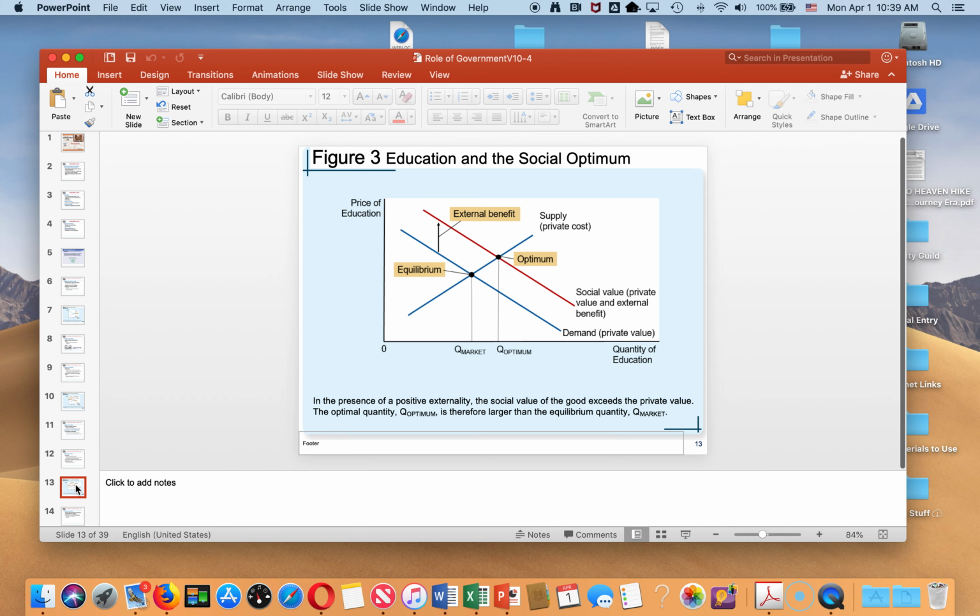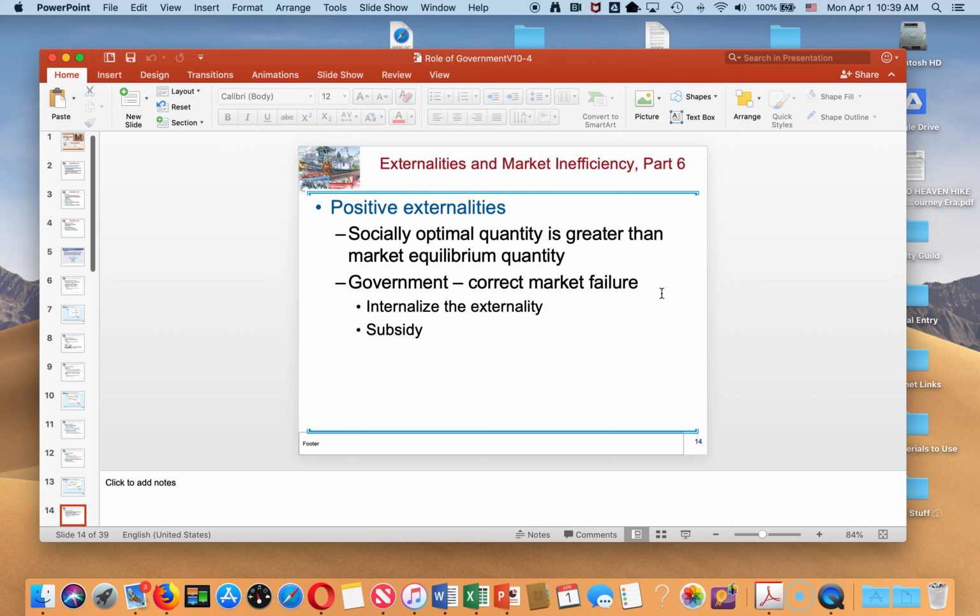And we can see here from the graph, that is exactly what's happening. The social value curve is indeed above the demand curve. And so therefore, our next slide, the socially optimal quantity is greater than the market equilibrium quantity.